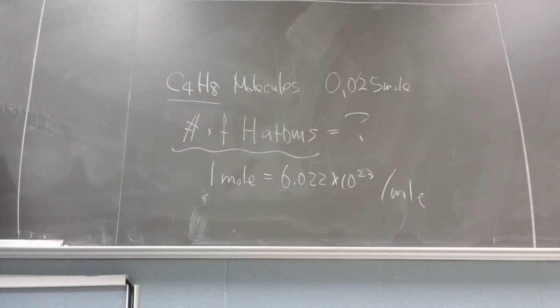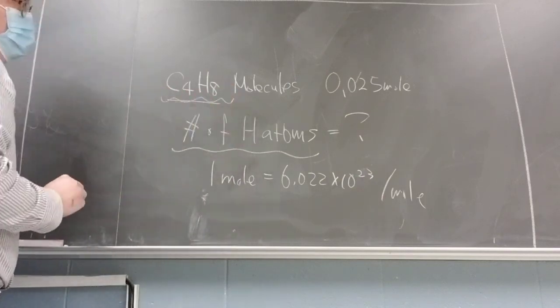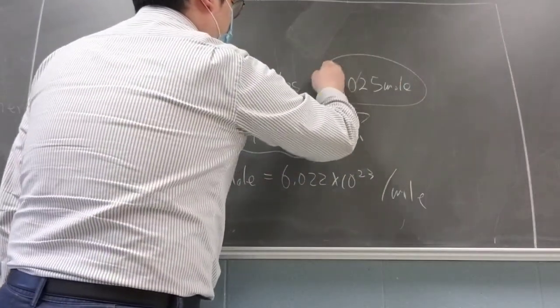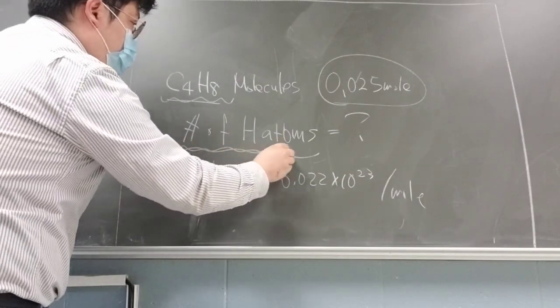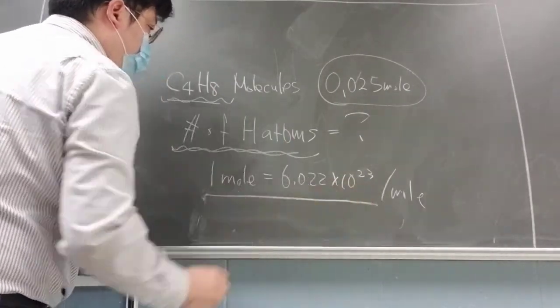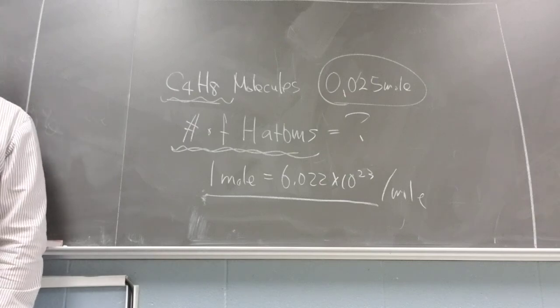Okay, maybe 1 minute. Okay, so this is the formula, and we have this many moles of butane. We try to find the number of hydrogen atoms, and 1 mole is Avogadro's number. Okay, so let's do this together.